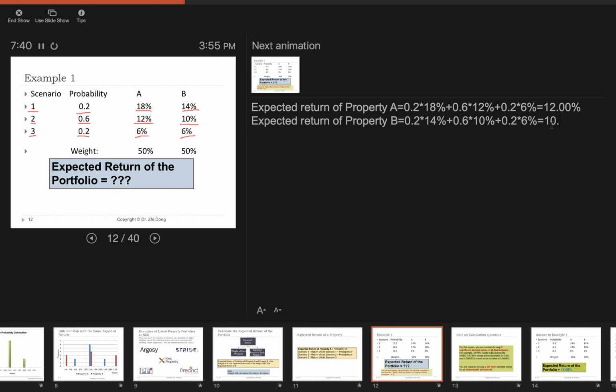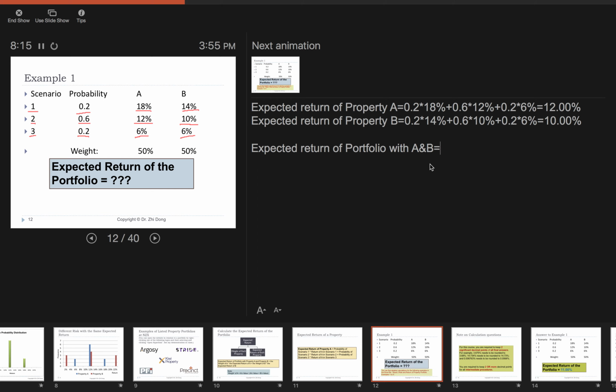If we keep 2 decimal places, 10.00%, that's the expected return of property B. So now let's move on to the next calculation of this overall portfolio return. So now we have the expected return of the portfolio with A and B.